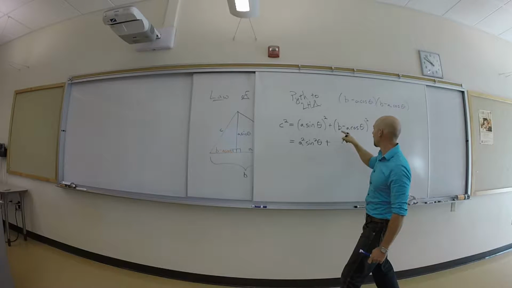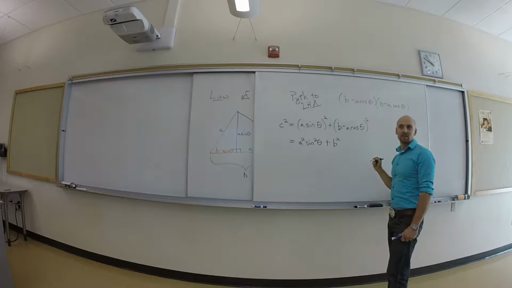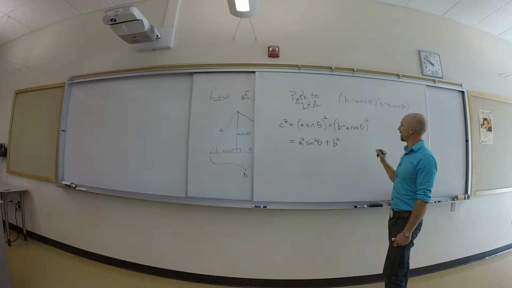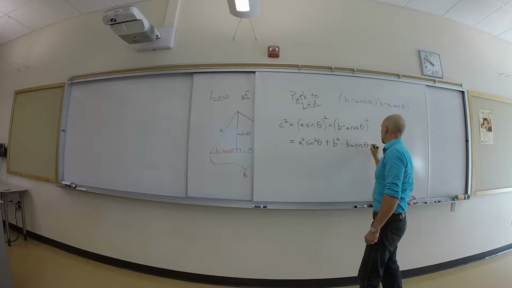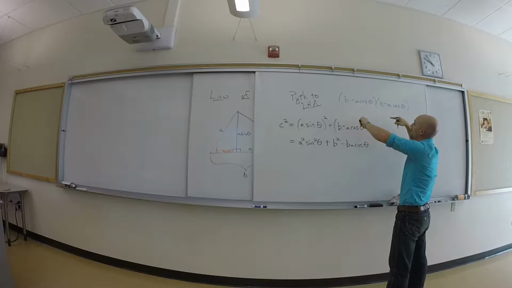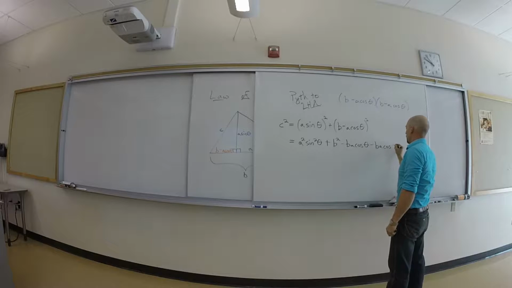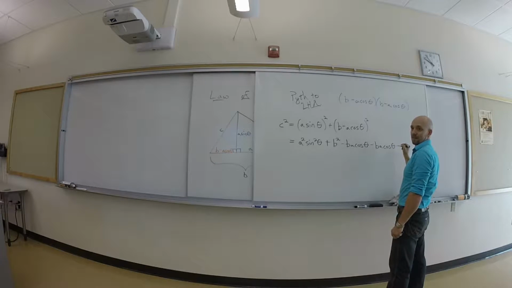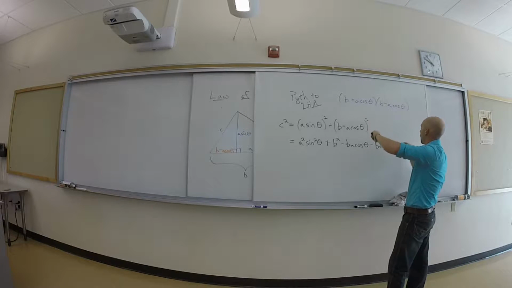I think I got B squared. Right, that's the firsts. Minus. What's your outsides? Minus BA cosine theta. Right, that's this times this. And your insides? Same thing. Minus BA cosine theta. And your lasts? Is the cosine squared.